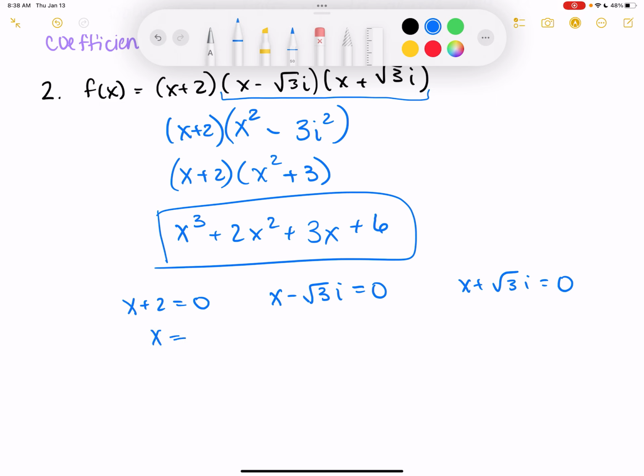So x equals -2, x equals the square root of 3i, and x equals minus the square root of 3i. So those are your zeros. Now, zeros are also where it crosses the x-axis, but if they have the i's on them, they don't cross there. So the only x-intercept in this case is at x equals -2.